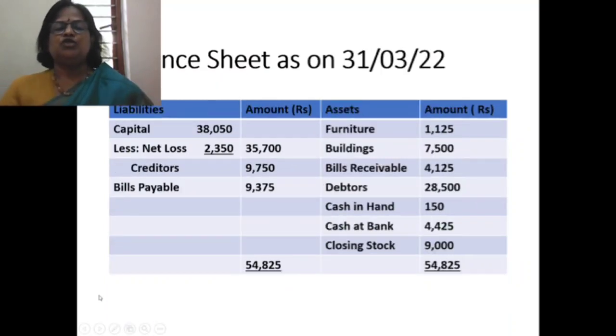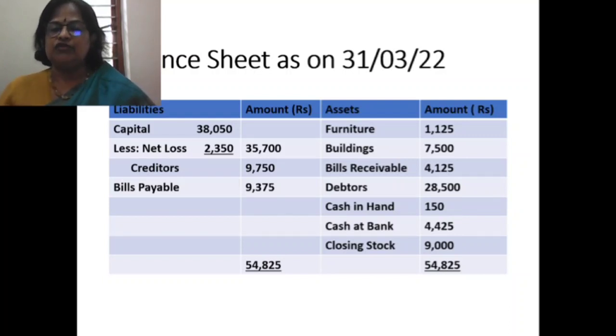Now we will come to the balance sheet. Balance sheet as on 31/3/22. Capital inner column 38,050 less net loss 2,350. So you are getting outer column 35,700. Creditors 9,750. Bills payable 9,375. Asset side, furniture 1,125.